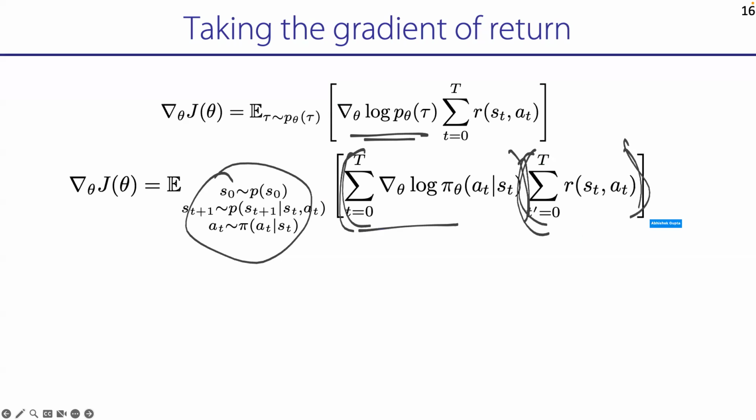You take the sum of the grad log prob along the whole trajectory, and then you take the reward along the whole trajectory, and then you multiply those together, right? So you're not just multiplying them one step at a time. Why does that matter? No, it's not faster. Well, it could be faster, but that's not the reason.